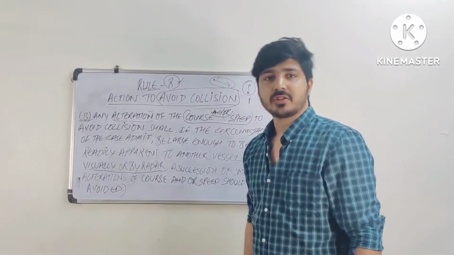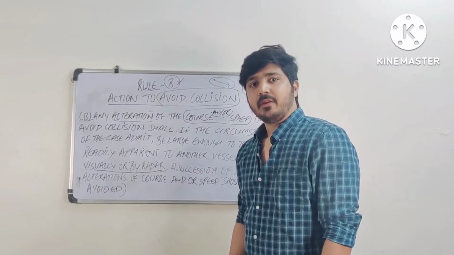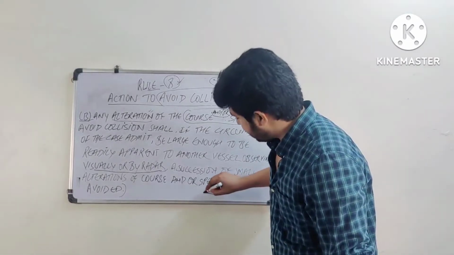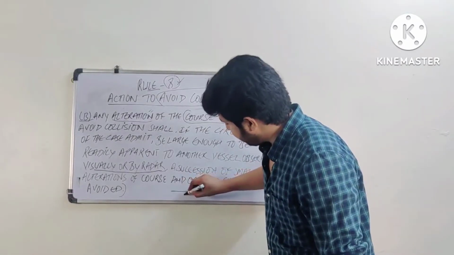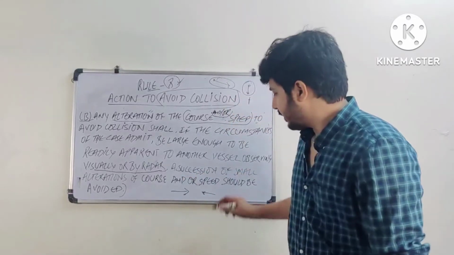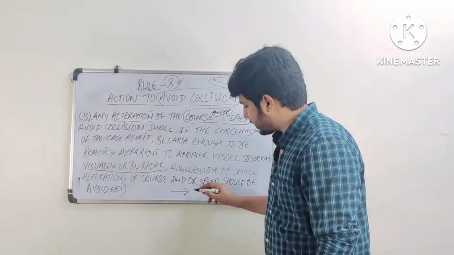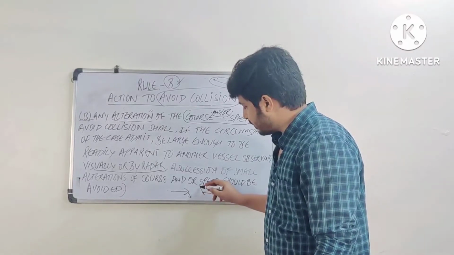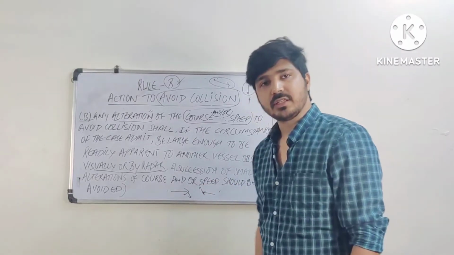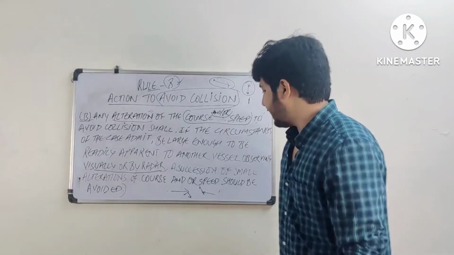Let's say you are taking action to the starboard side to avoid collision in a head-on situation, which we are going to cover in rule number 14 ahead. This is your vessel, this is another vessel. You have to go starboard, this vessel also has to go starboard in this situation.